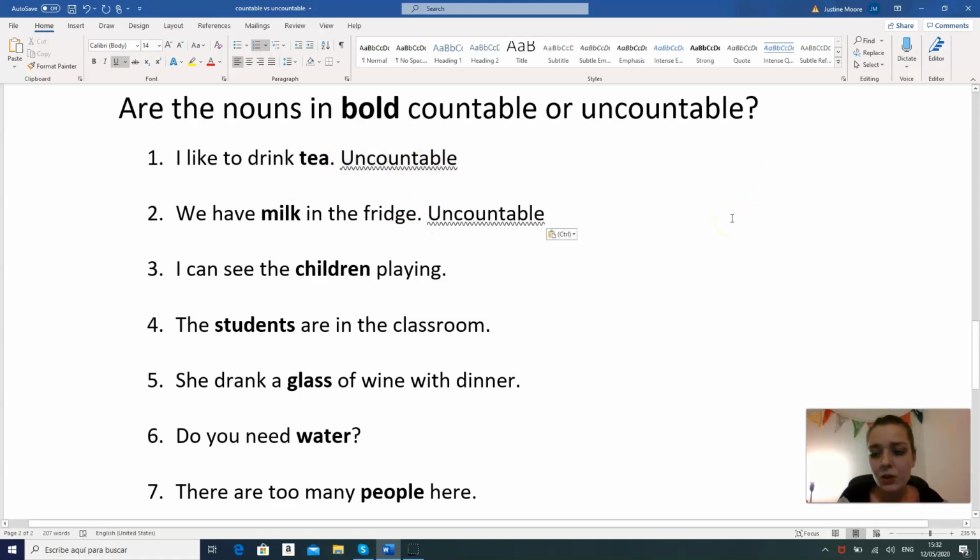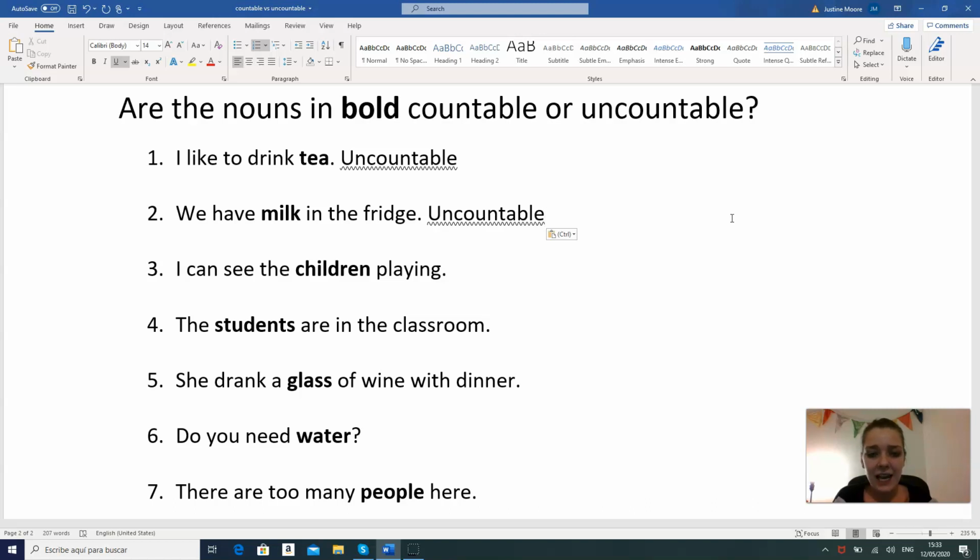You wouldn't say 1 milk, 2 milk. You would say milk. We have milk in the fridge. It's uncountable. 1 milk, 2 milk, no. A little milk, a lot of milk, a gallon of milk, a liter of milk. So no numbers with milk.